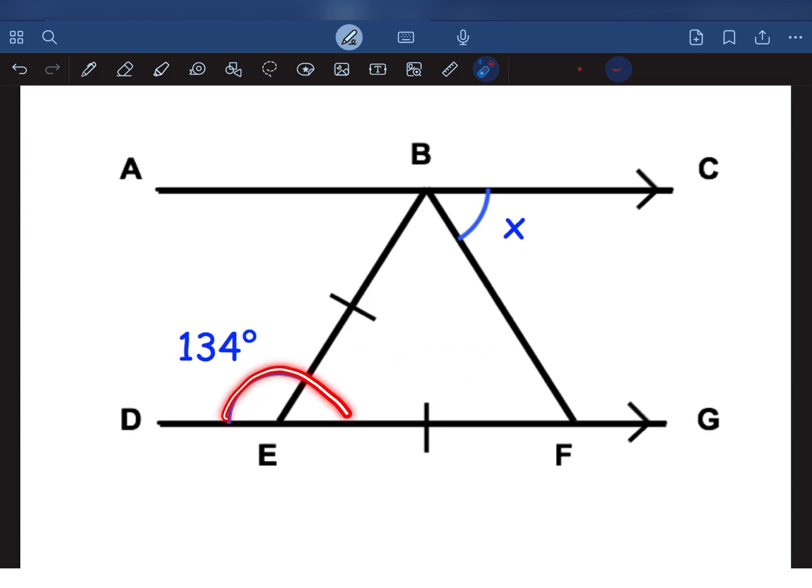Because this full angle is a straight angle, right? The measurement of a straight angle is 180 degrees. So we can find this angle by taking away 134 from 180. When you calculate it, you will get 46. So let me replace this with 46.